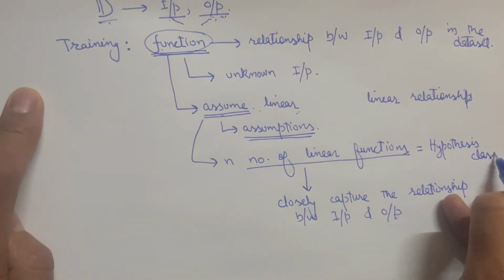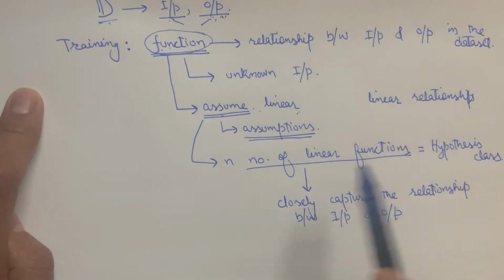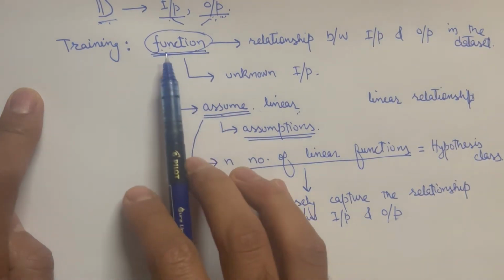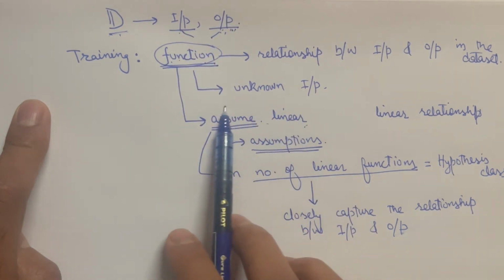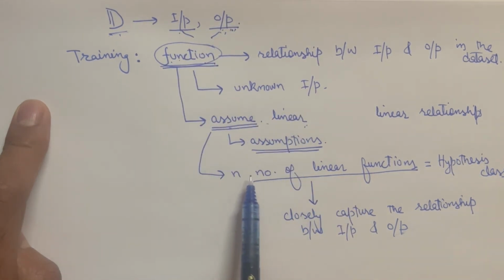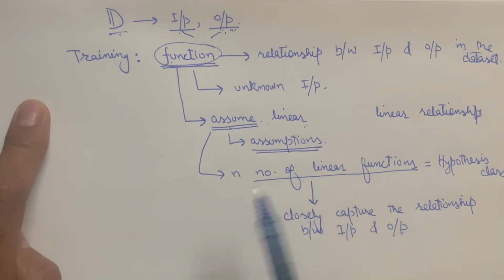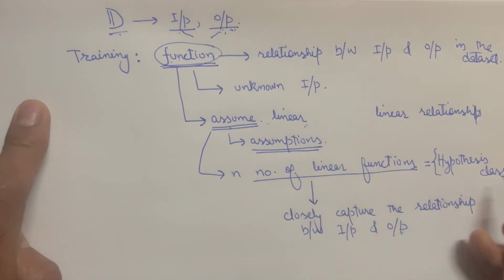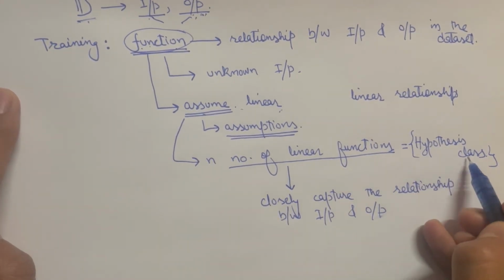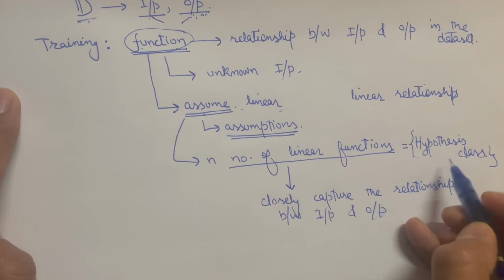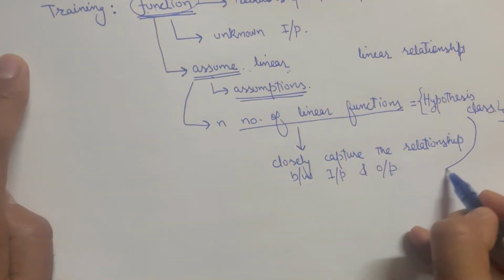What does that mean? We said that the relationship between the input and output is a linear relationship, but this linear relationship can be anything. N number of linear functions are possible. So the set of all those functions is called a hypothesis class. But from this hypothesis class, we have to find only one function.